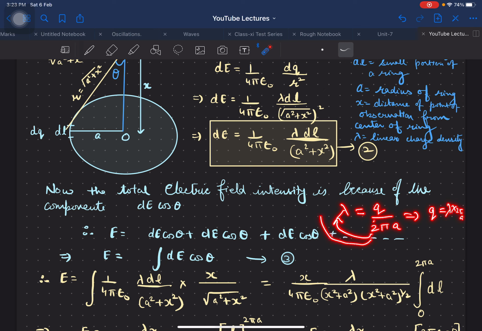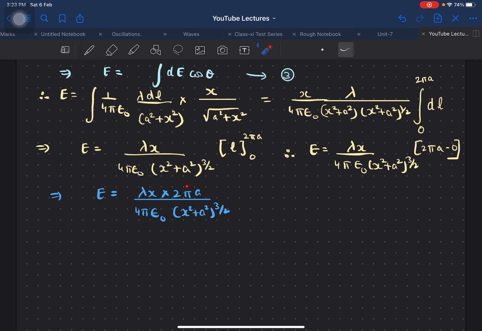If I take 2 pi a over here in the numerator, I get 2 pi a into lambda equal to q. Here we already have 2 pi a into lambda, therefore it could be written as q. So this implies electric field intensity is equal to x into q. Instead of writing lambda into 2 pi a, I have just substituted q.